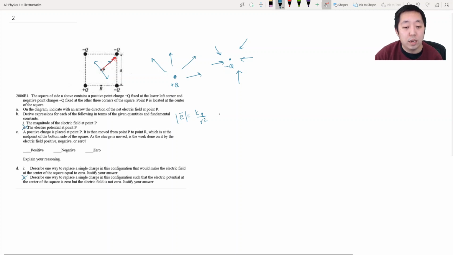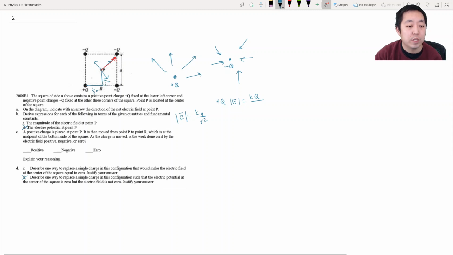From the positive Q, the electric field amount is equal to k times Q over this distance. Here you're going to have to use a right triangle. Each side is a, so this is 1/2 a, and this is 1/2 a.